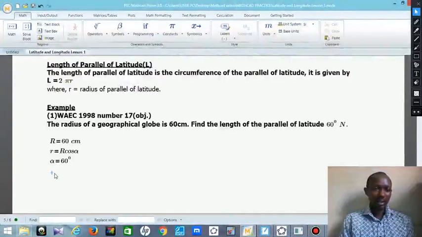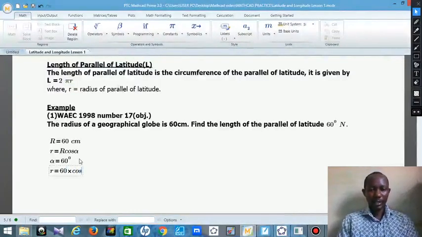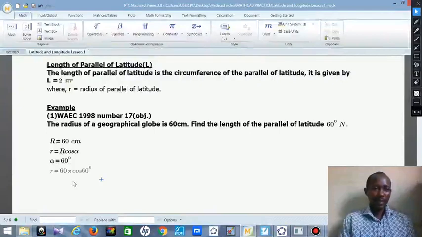Then what you need to do next is just start: small r is equal to your capital R, which is 60, multiplied by cos. So 60 times cos, the angle there is 60 degrees. So that is all. Then you evaluate with your calculator.